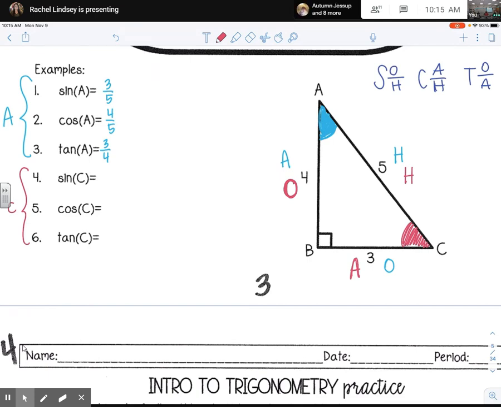So sine, we have 4 over 5, opposite over hypotenuse. Cosine, adjacent over hypotenuse, is 3 over 5. And then tangent is going to be 4 over 3.